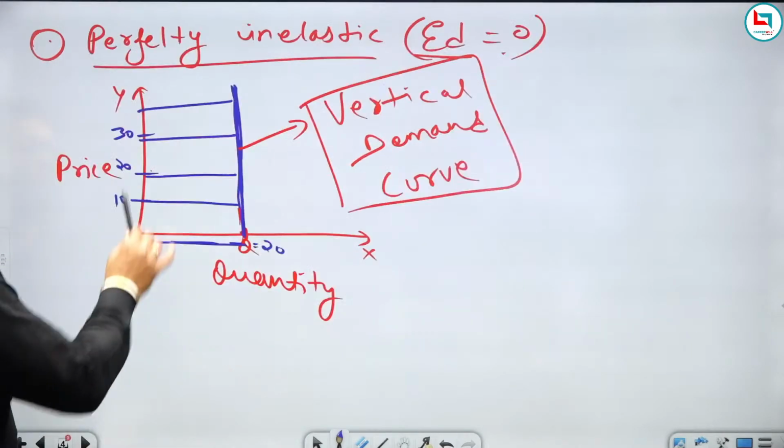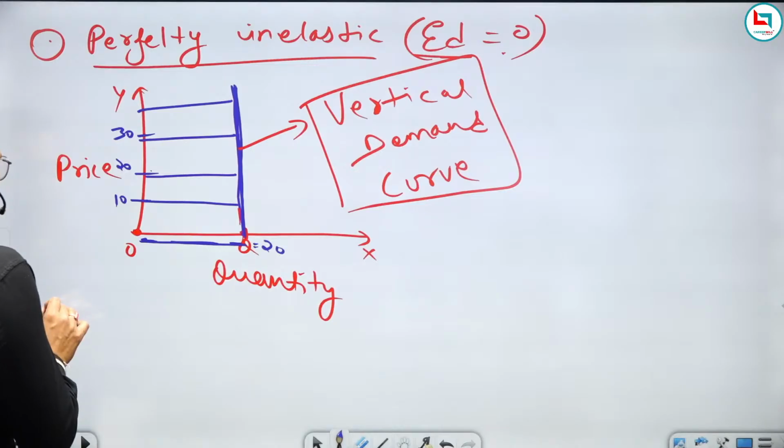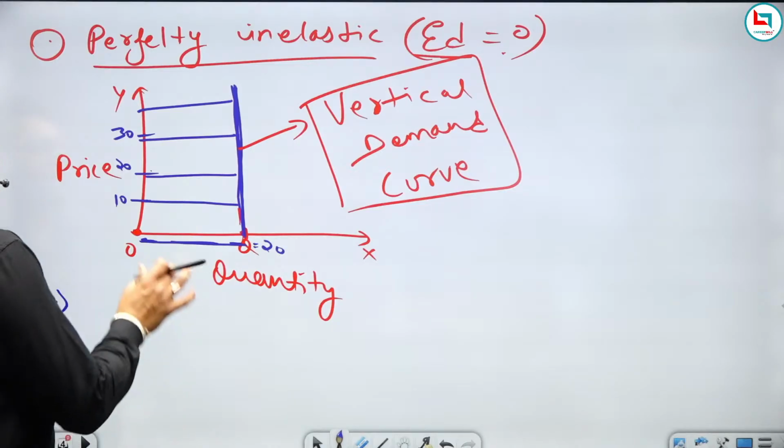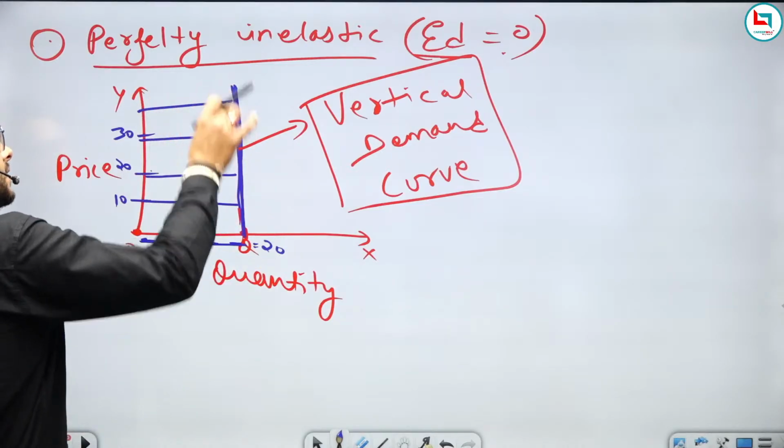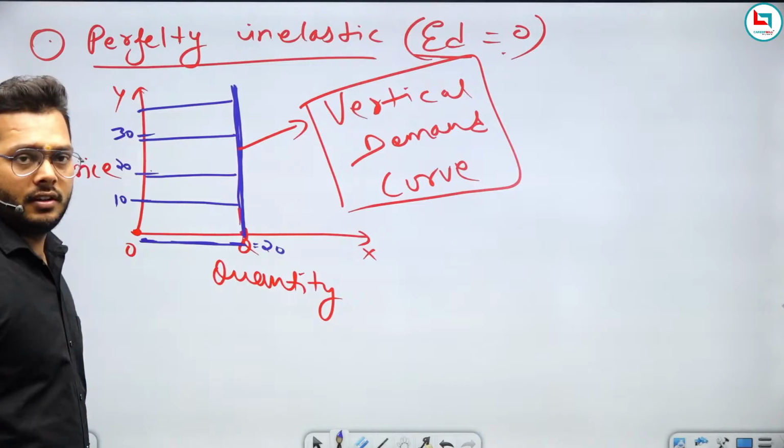So we can also write the perfectly inelastic. It means what? How can we write it? Prices change but the demand is still constant at every level.